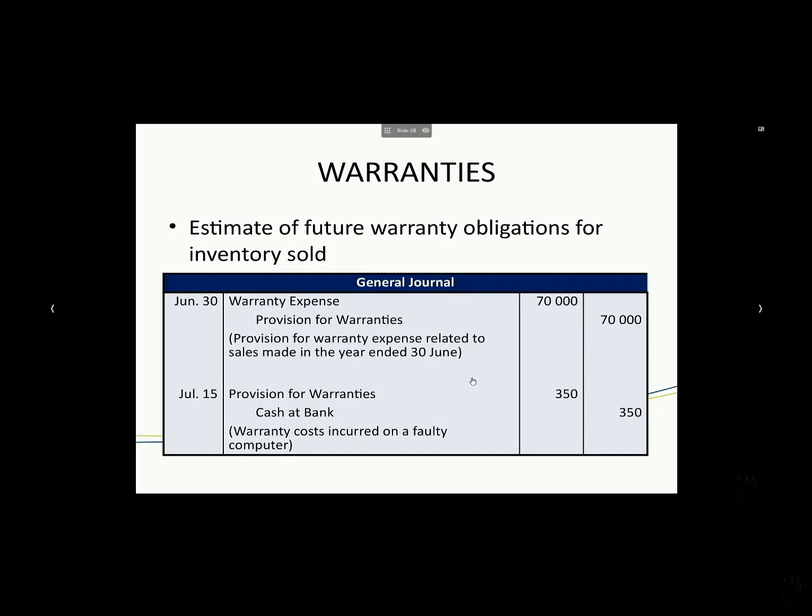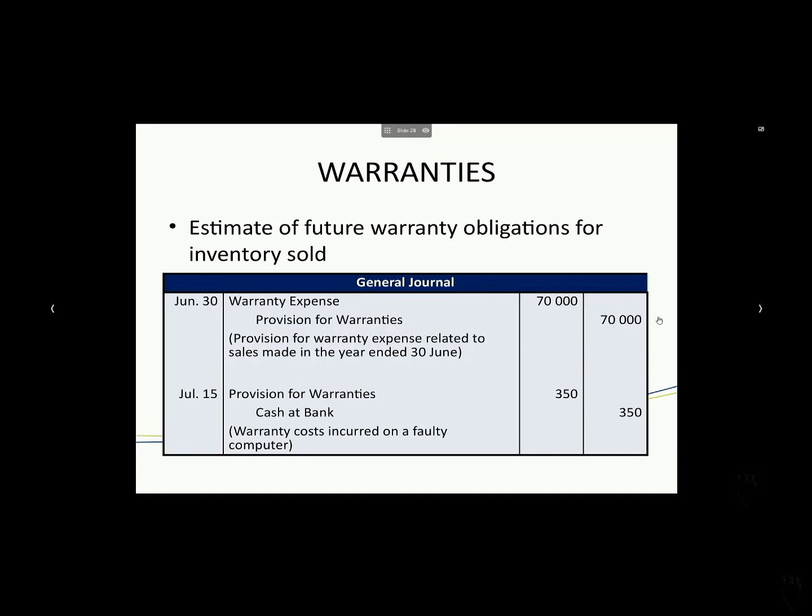The entry when goods are sold: because warranty is attached to that sale, under the matching principle, as we make the sale, we must also provide for the warranty that attaches to that sale. So it's debit warranty expense, credit provision for warranties.